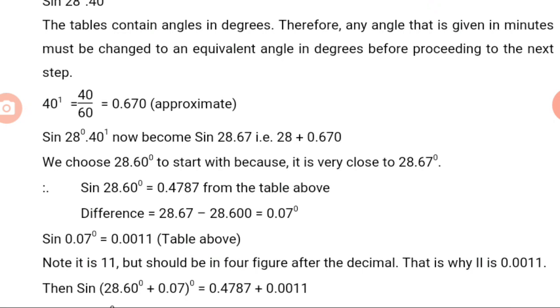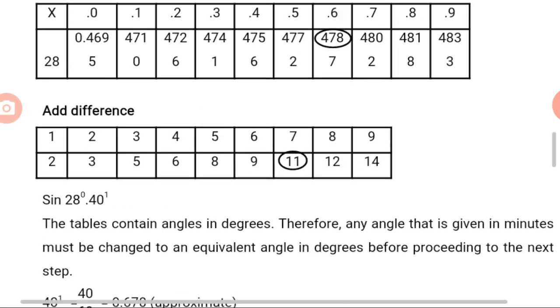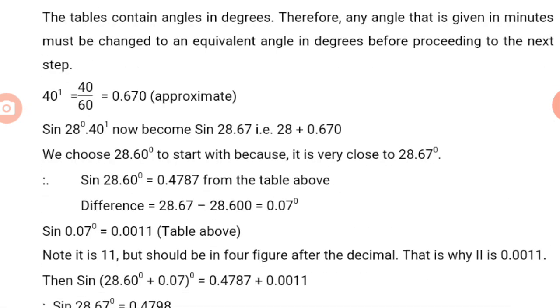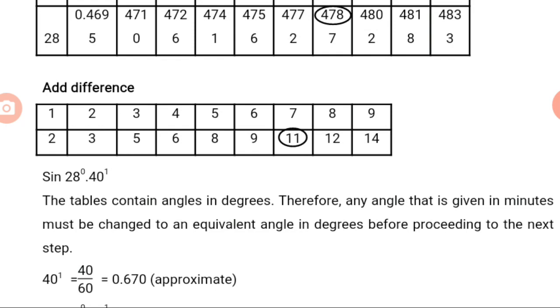It will now give us 0.07 degrees. So the difference will now be 7. So sine 0.07 degrees will now give us 0.0011. Since we have subtracted 28.60 degrees from 28.67 degrees, that has given us 0.07 degrees, which means that the difference is 7.